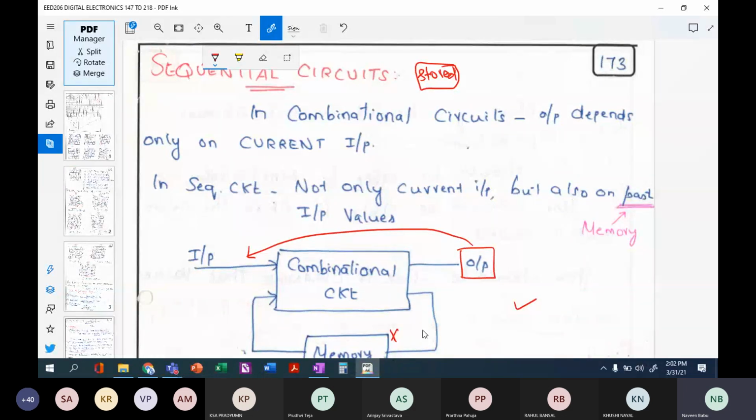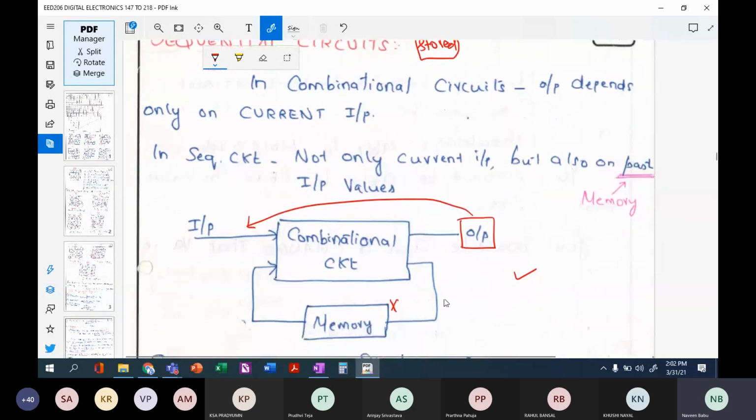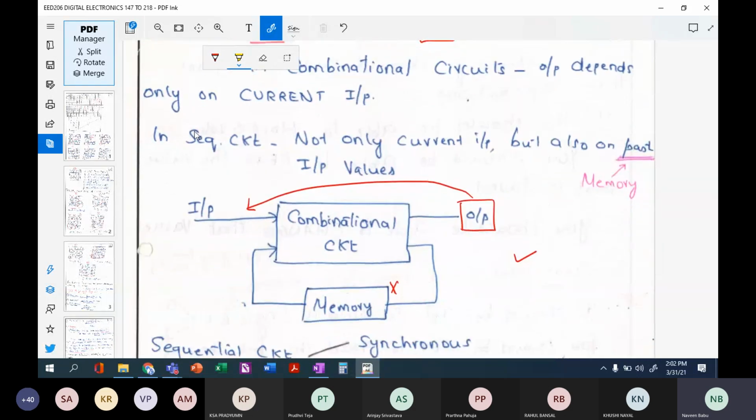In sequential circuits, your output will not only depend on your input, but also on the previous input values, which means that this output will again be a part of its input in the next cycle, so it will have some kind of a memory to remember what was there in the previous state.